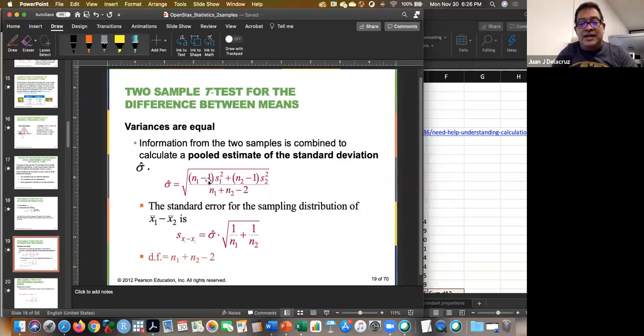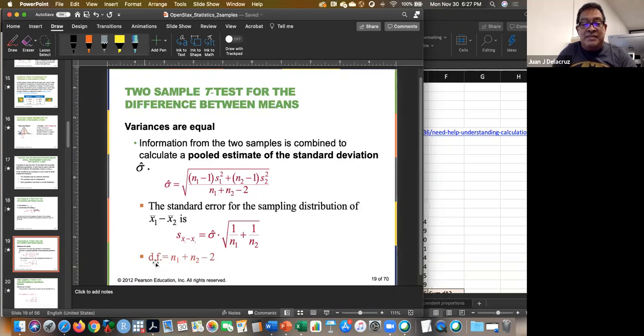So we have degrees of freedom for sample 1, degrees of freedom for sample 2, and this is the degrees of freedom for the entire experiment, right? Once we get this pooled estimate of the standard deviation, we're going to proceed to find the standard deviation. So this is the actual standard deviation, and we are going to multiply this big expression times this.